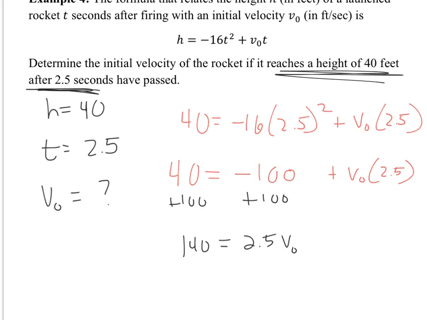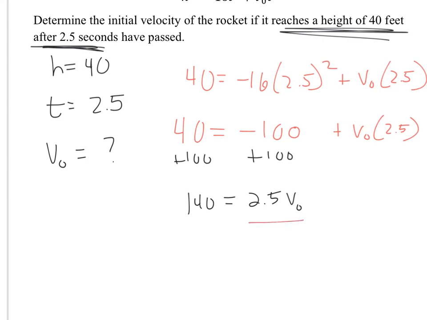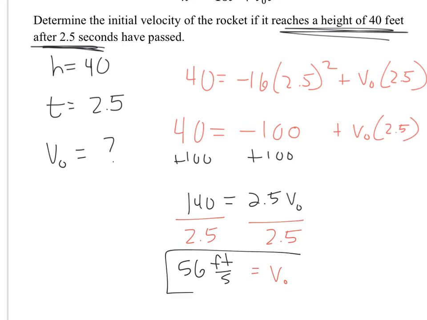And then you just divide by 2.5 and you get v0 equals 56. Very good. My units are feet per second. And that was given in the problem in the beginning.